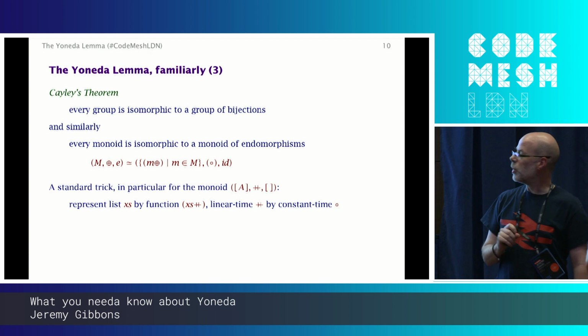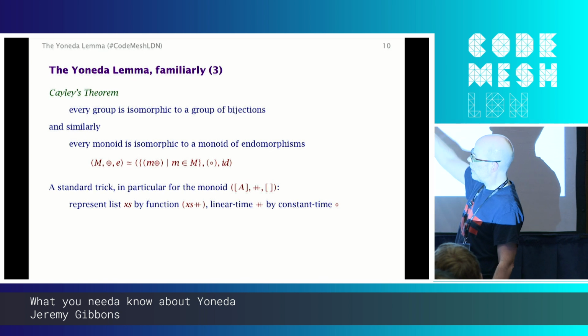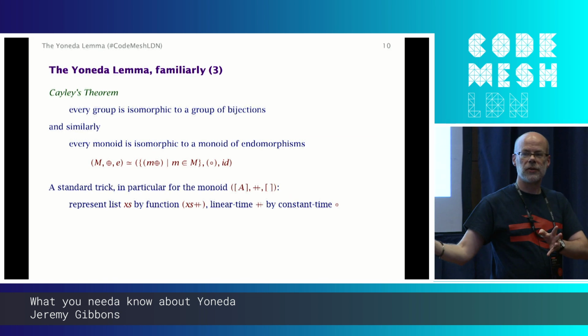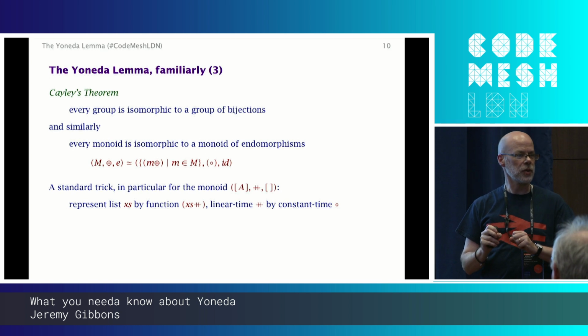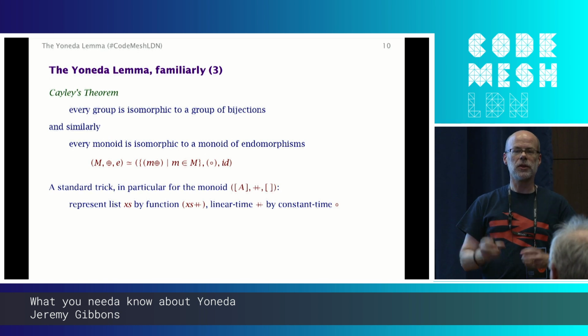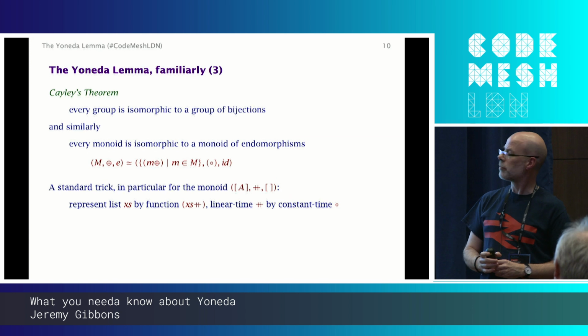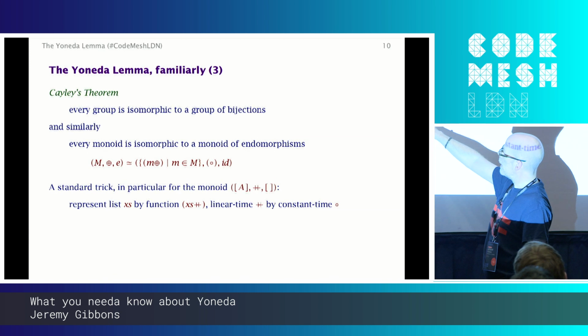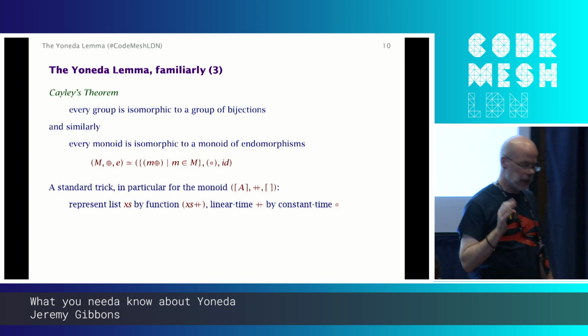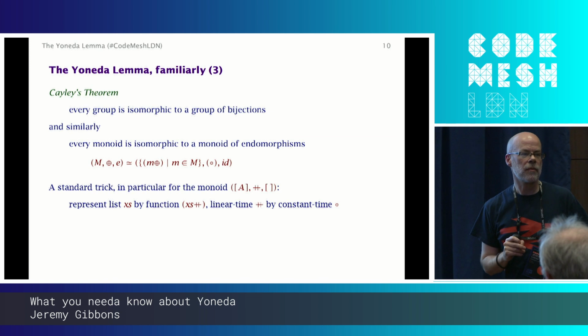Those are good because list concatenation takes time proportional to the left-hand argument. It can be slow, whereas functions of the form xs plus plus can be composed in constant time, can be combined in constant time. And given one of these functions, you can extract the xs back again by applying it to the empty list.